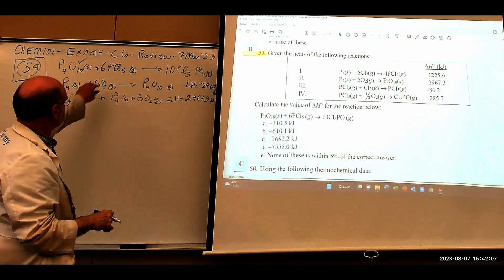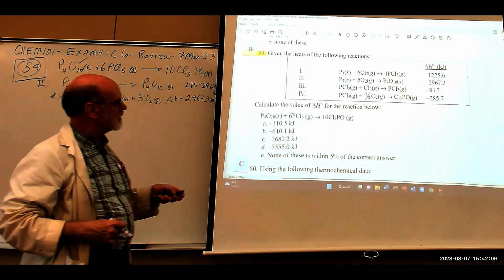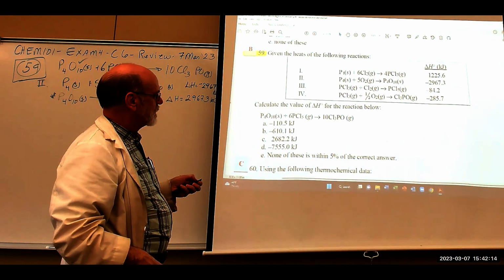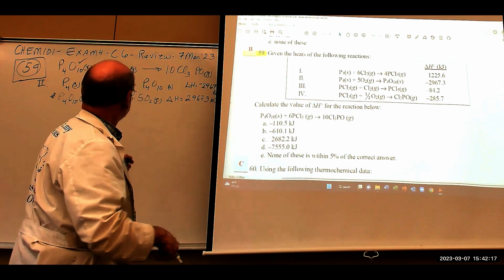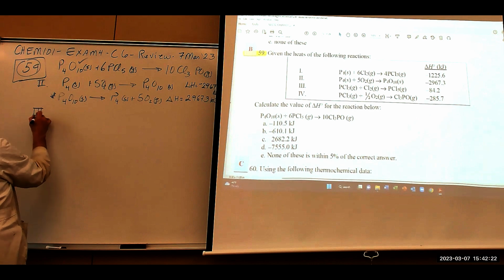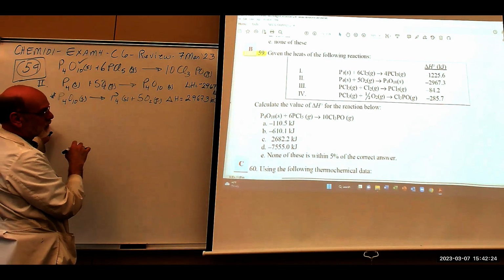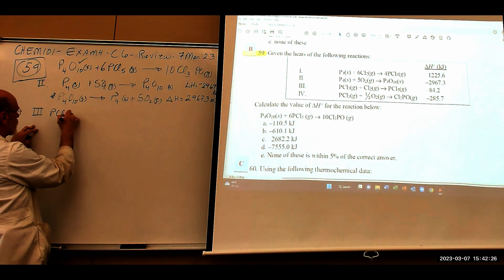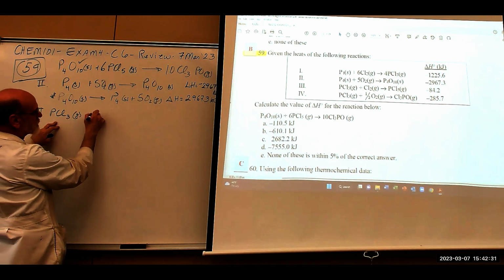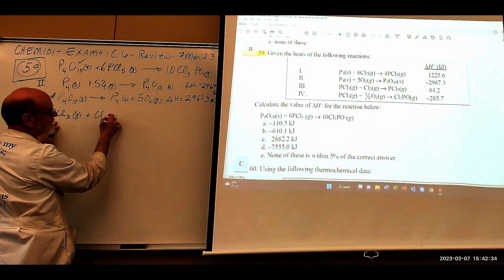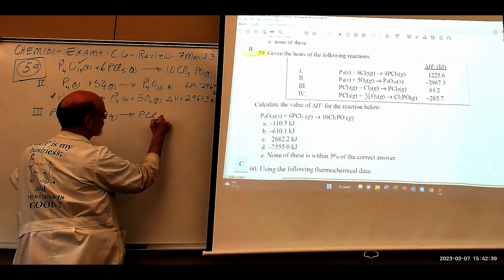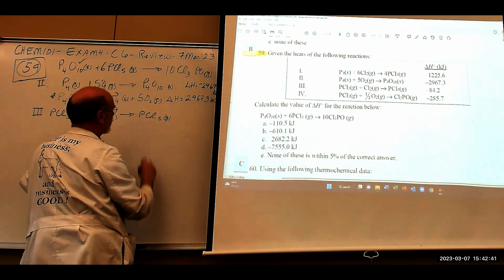Okay, what about PCl5? Which one has PCl5 in it? Let's see, PCl5. Here we go. There's PCl5, and it's on the wrong side. So as written, Roman numeral 3 is PCl3 gas plus chlorine gas yields PCl5 gas.